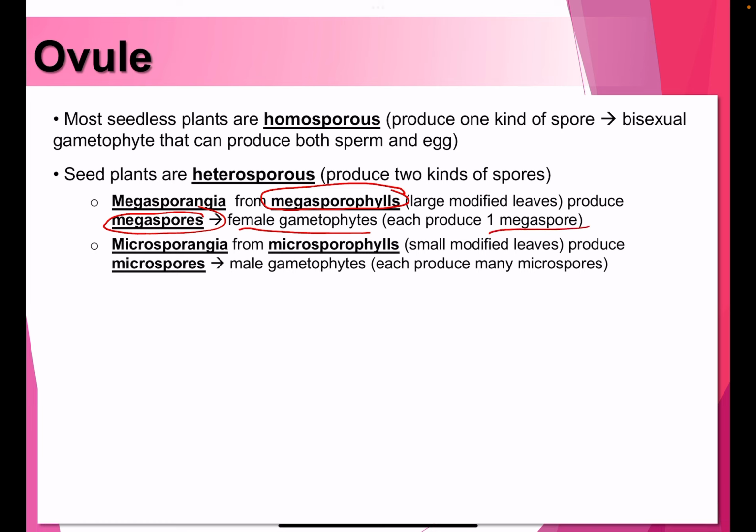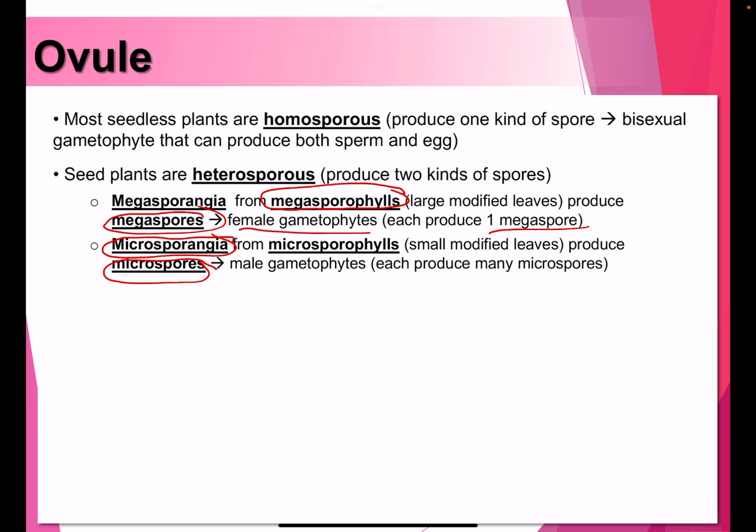On the other side, you have microsporangia, which come from microsporophylls, usually smaller modified leaves, and they will produce microspores, which will ultimately become your male gametophytes.